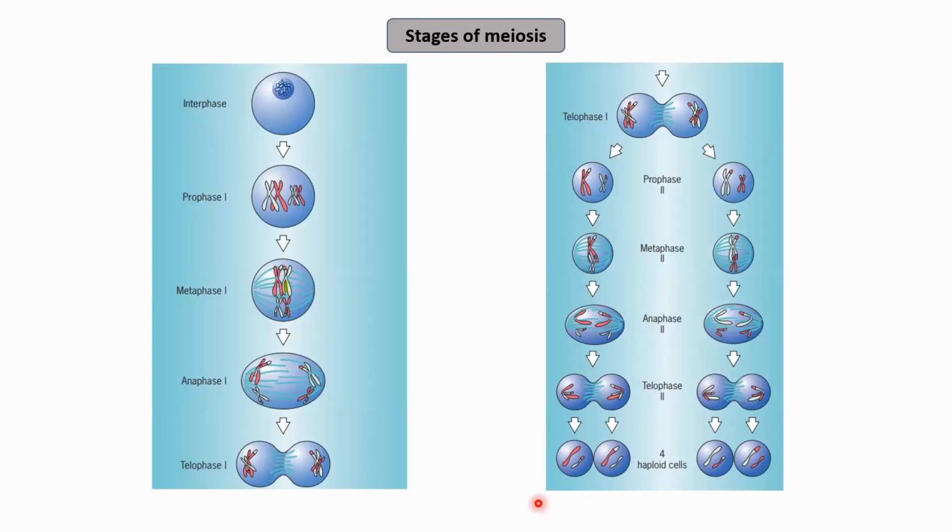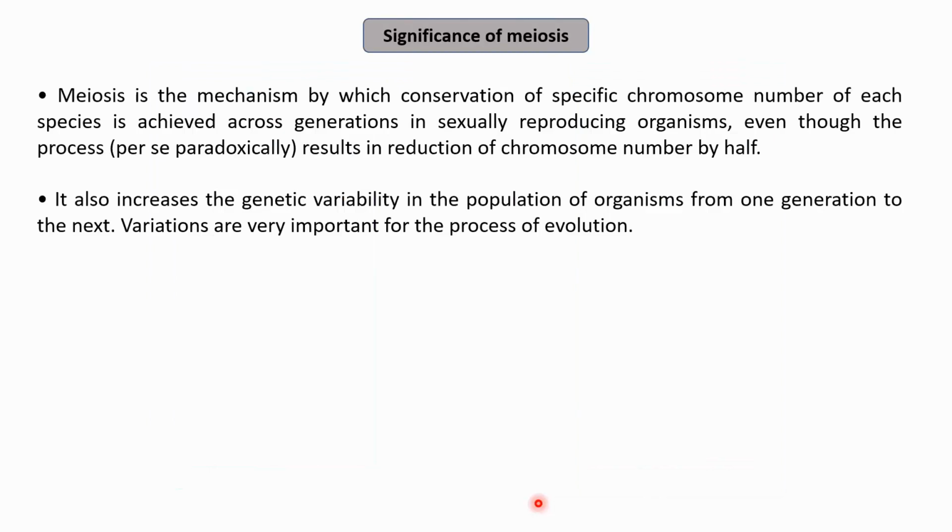And as we got to know about the significance of meiosis in the first slide itself, meiosis is the mechanism by which the conservation of specific chromosome number takes place. If this reductional division does not happen, the number of chromosomes would get duplicated in every next generation.